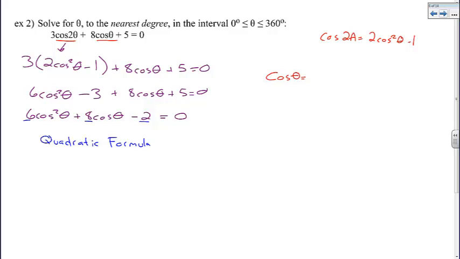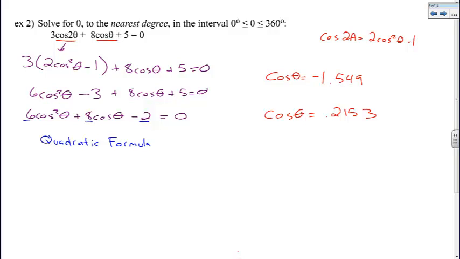theta. In this case, I have the cosine of theta equal to negative 1.549. I also have a value of cosine theta equal to positive 0.2153.